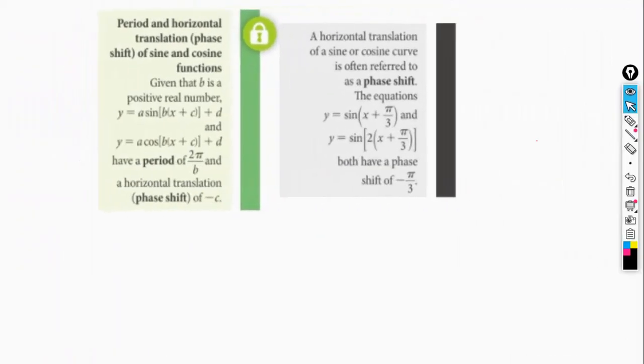So we're going to take a look at period and horizontal translation or phase shift of the sine and cosine functions. Given that b is a positive real number for both the sine and cosine functions, where we have a times sine of b times parenthesis x plus c, plus d, and the same for cosine, they have a period of 2 pi divided by b. So b affects the period.